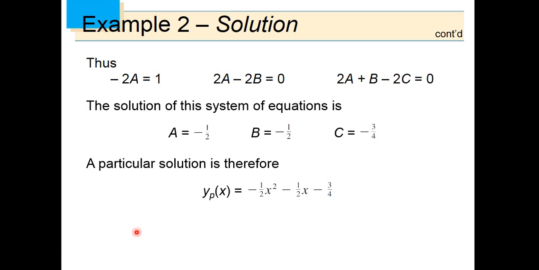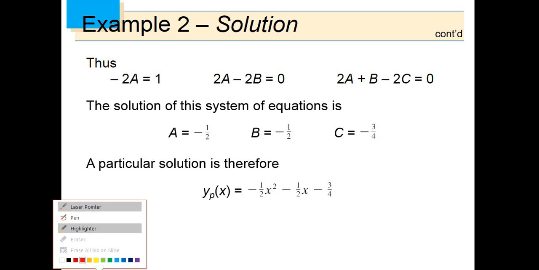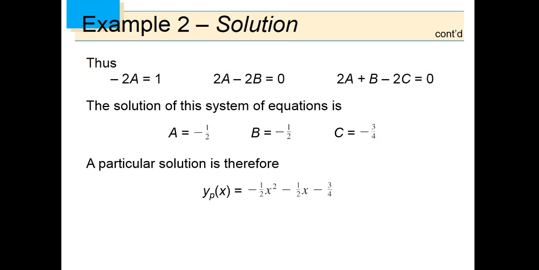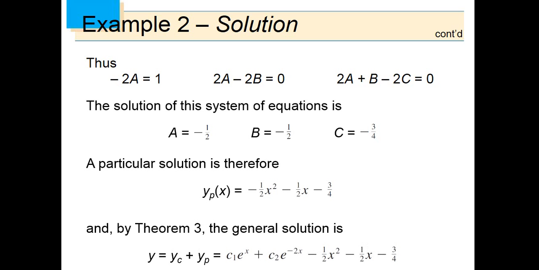So in this case, that would be this one. So you copied the complementary solution and added it to this particular solution to get the complete solution. This is for our example number 2. Okay, so this is your complete solution for sample problem number 2.